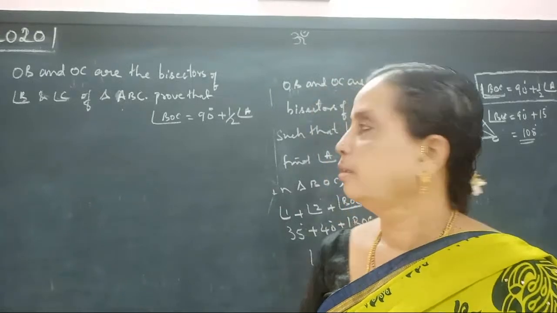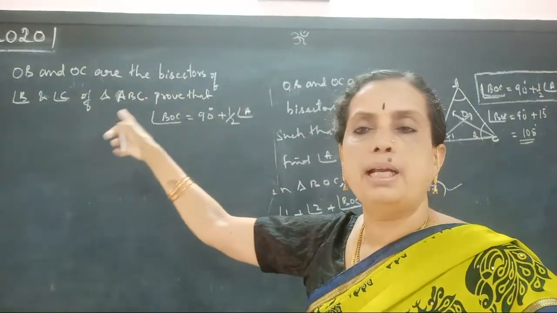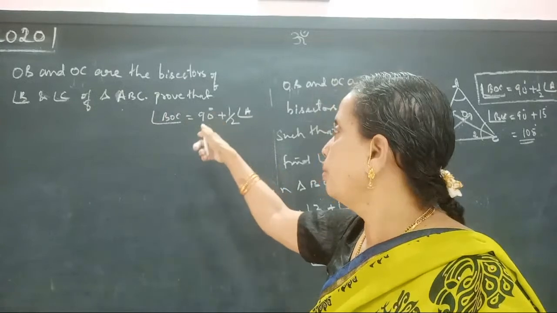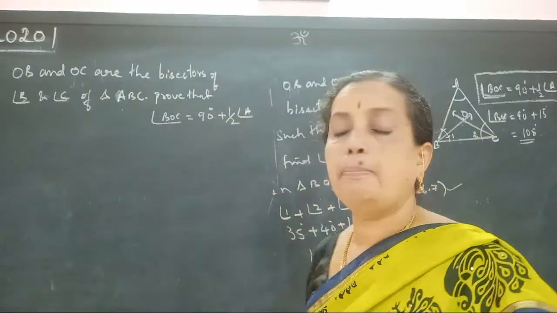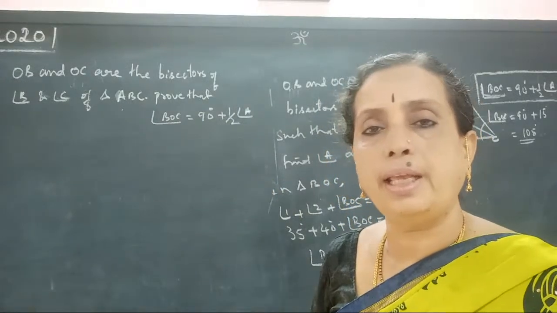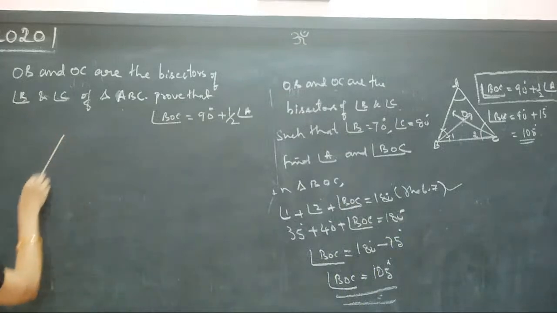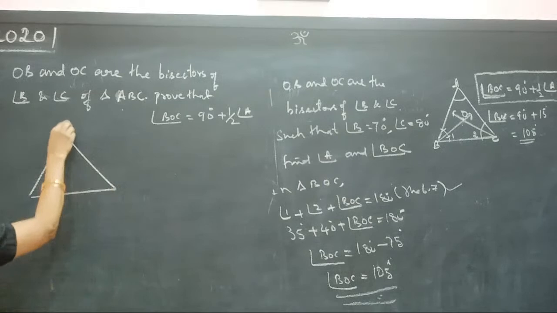Clear? OB and OC are the bisectors of angle B and angle C of triangle ABC. Prove that angle BOC equals 90 degree plus half of angle A. To this, get the figure. Take the figure.